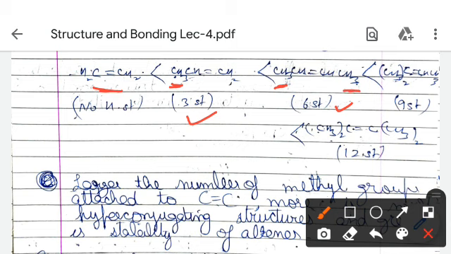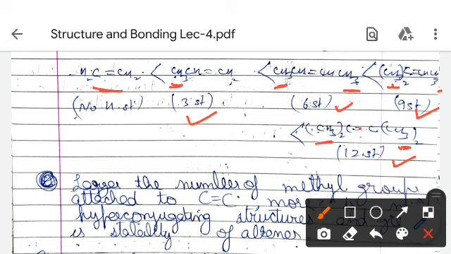In this, there are 2 alkyl groups here and 1 alkyl group there, so it can have 9 hyperconjugating structures, and in this, 2 methyl groups are attached to this carbon atom and 2 are attached to the other carbon atom, so it can have 12 hyperconjugating structures. So we can easily draw the hyperconjugating structures of all these examples.